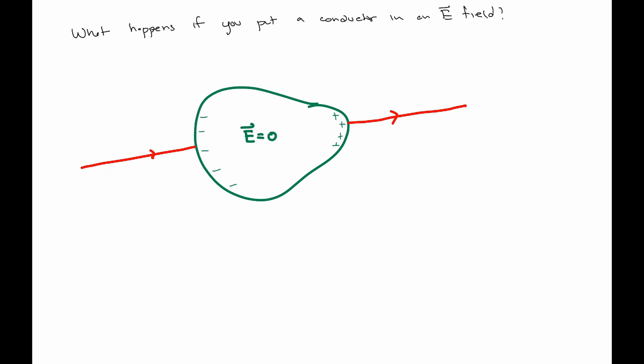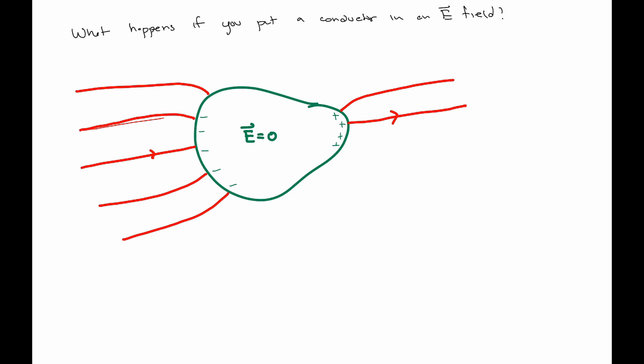When that happens, you are going to affect that external electric field near your conductor, and you're still going to get the property that the electric field is perpendicular to the surface outside of the conductor, maybe looking something like that, and something like that.